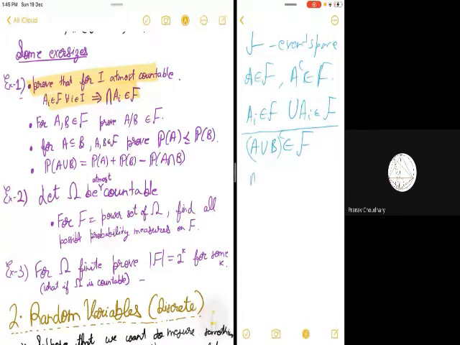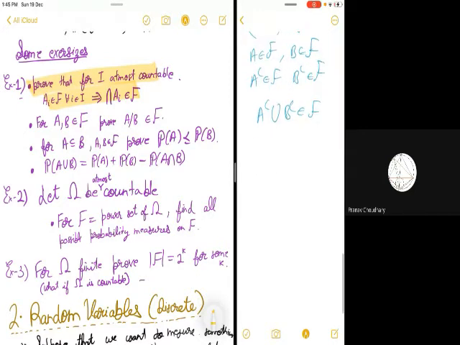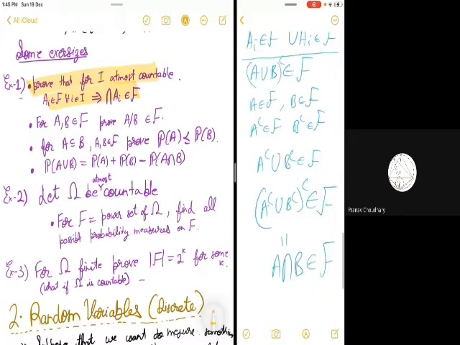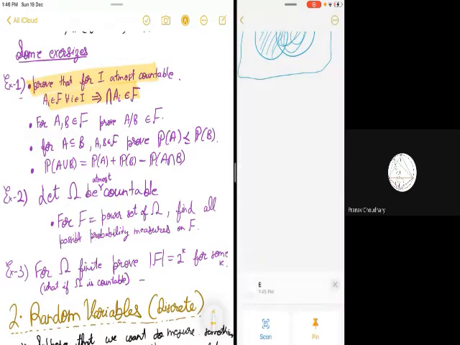Now if A belongs to F and B belongs to F, then A complement belongs to F and B complement belongs to F, which means that A complement union B complement belongs to F, which then means that the complement of this whole set belongs to F. But this is just A intersection B, and this belongs to F. So suppose A is this and B is this, then we know that A belongs to F and B belongs to F. So we will get that the complements belong, and because we can change unions to intersections by taking complements, this works. So do you get this proof?